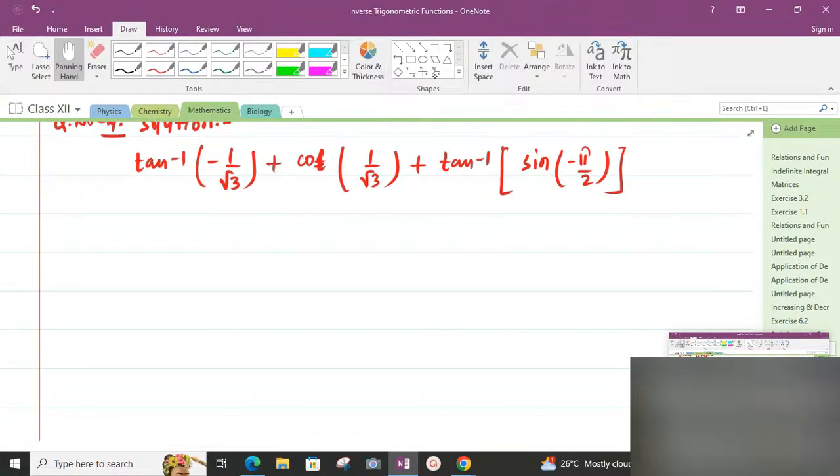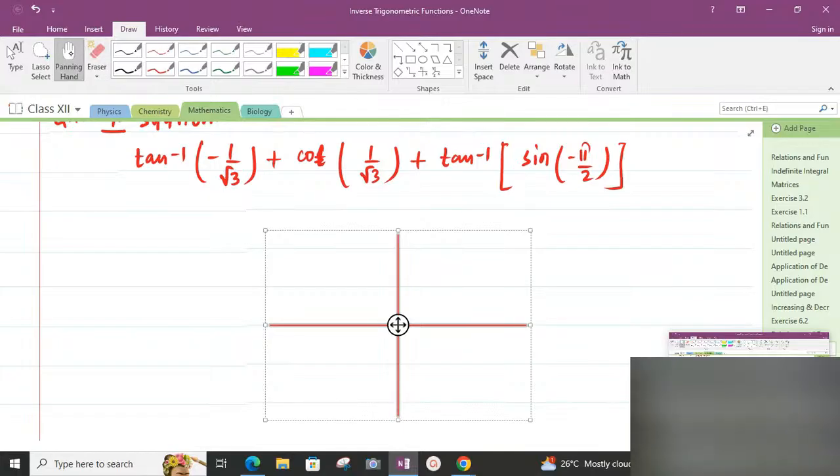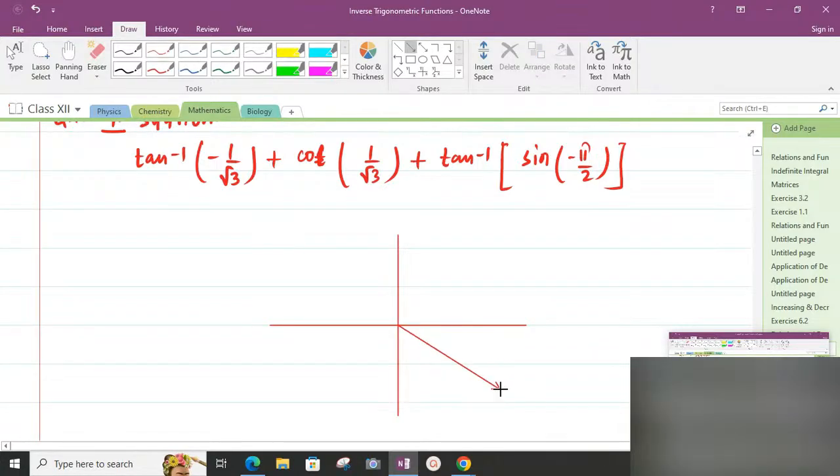We can easily understand this with the help of the graph. Here is minus pi by 2, it means sine 90 degree, here will be 0, sine 90 degree equal to 1.